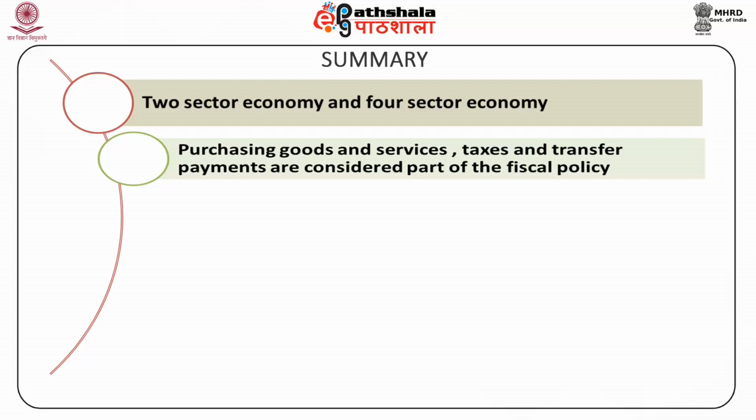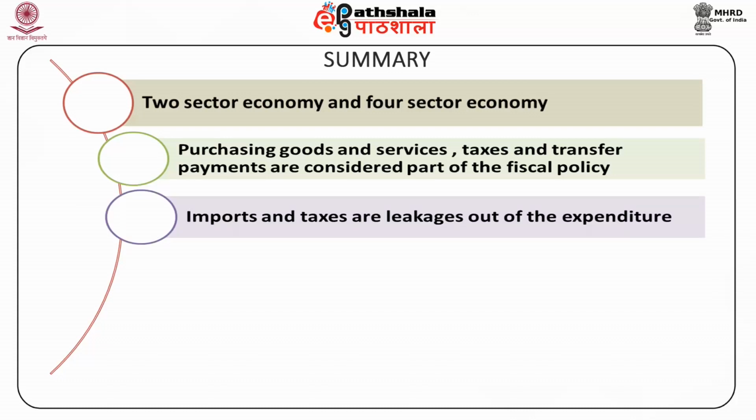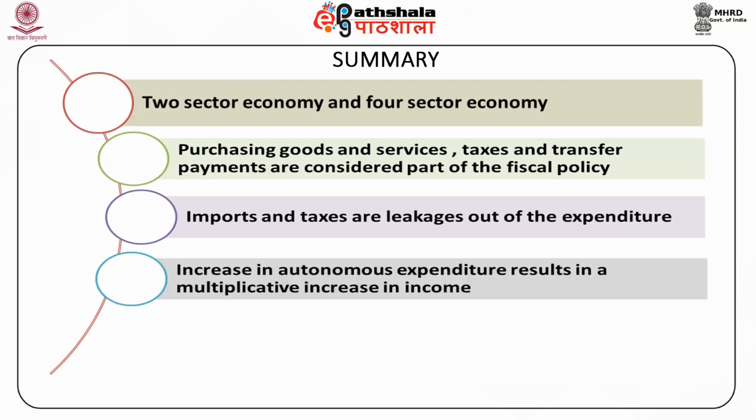High marginal propensity to import and high tax rate depress income because imports and taxes are leakages out of the expenditure on domestic production. The process by which an increase in autonomous expenditure results in a multiplicative increase in income or output is referred to as the multiplier.